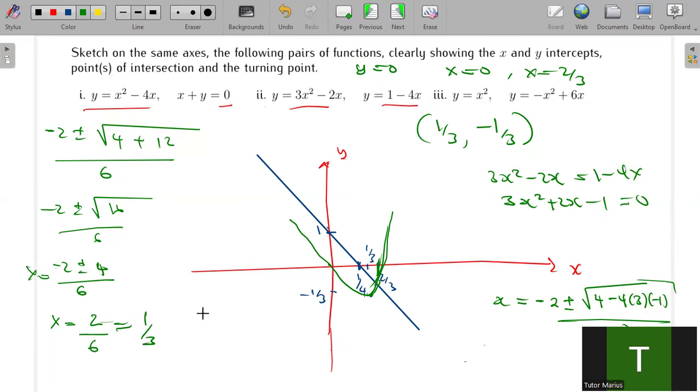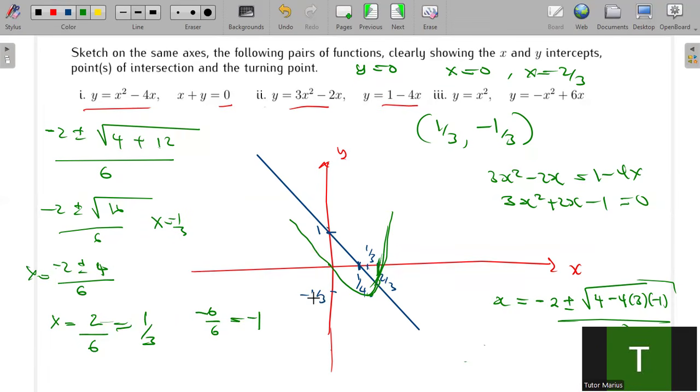If I subtract, I get negative 6 over 6, which is just going to be negative 1. So I have x equal to 1 over 3, and I also have x equal to negative 1.